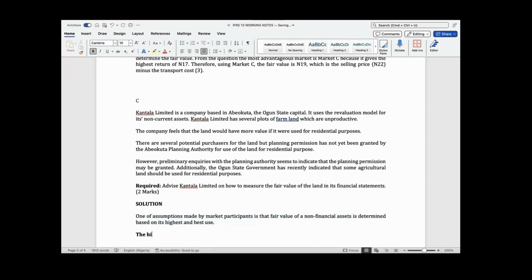And the highest and best use is the use that gives the highest benefit to the company, and this use must be physically possible, financially feasible, and legally permissible.